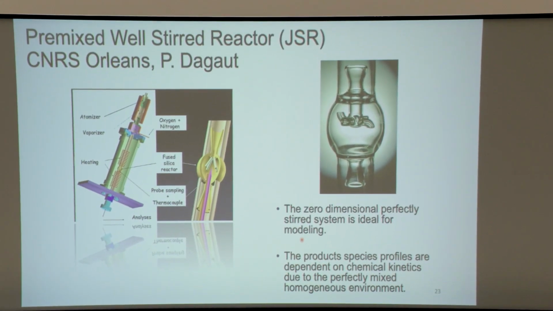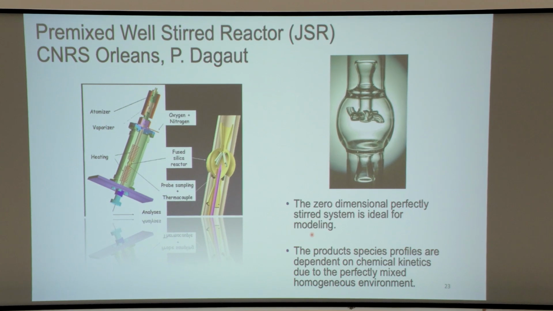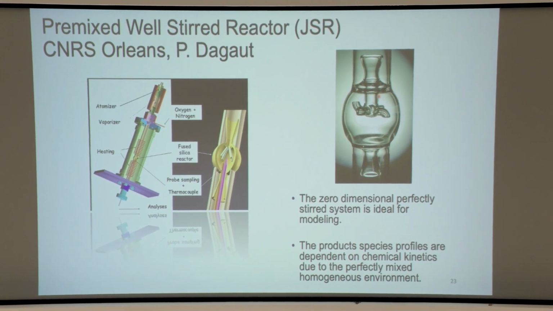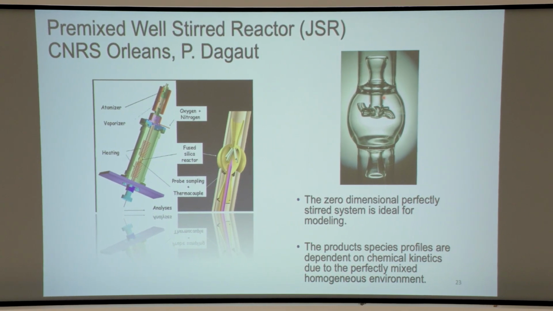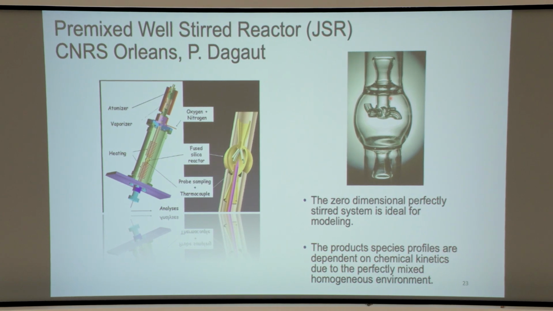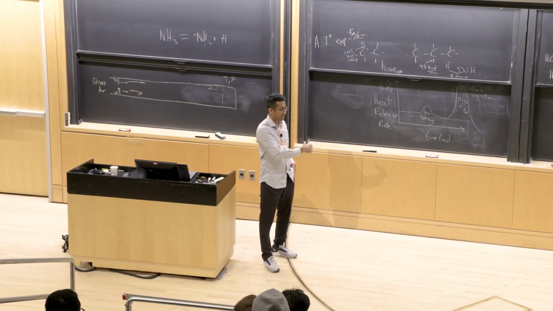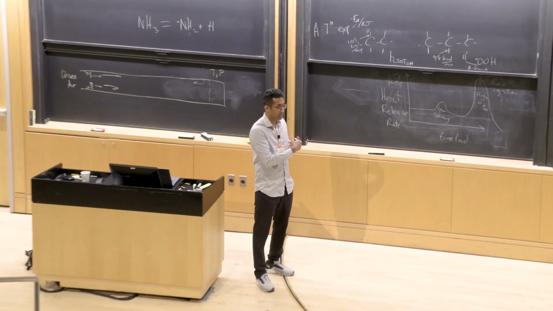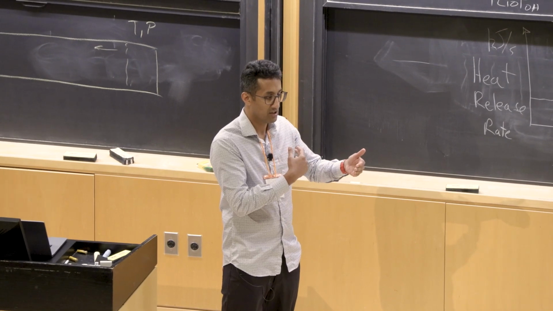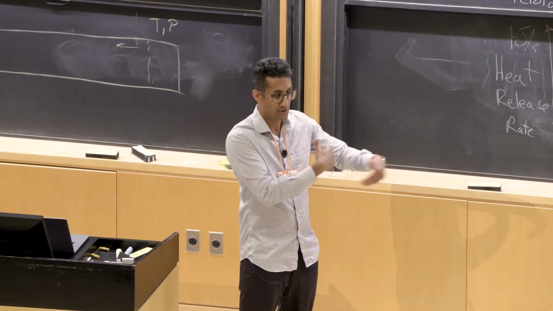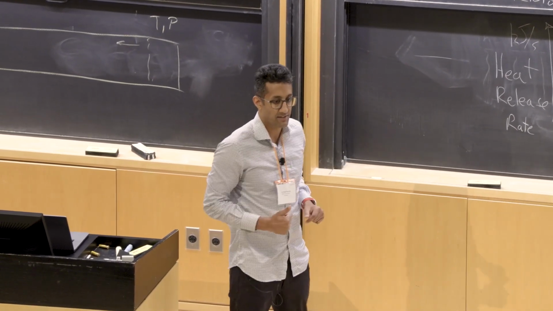So the fuel continuously comes into the reactor, is mixed, and exits, and it's also isothermal. So you fix the reactor temperature. So it's not like a shock tube or a rapid compression machine, which is non-isothermal, right? That starts with an initial condition, initial temperature, then the reactions happen and the temperature rises and you have ignition.